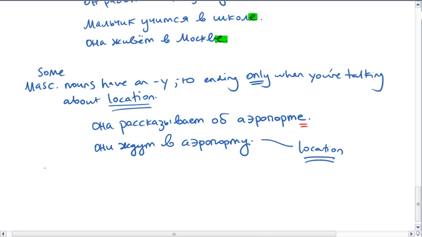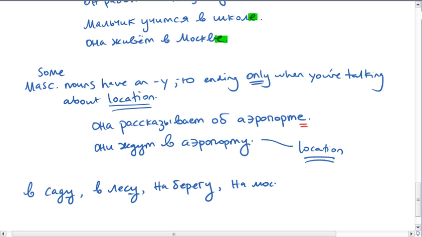So other common masculine nouns that you should know that have this у ending only when you're talking about location. В саду, garden, в лесу, forest, на берегу, shore, right?